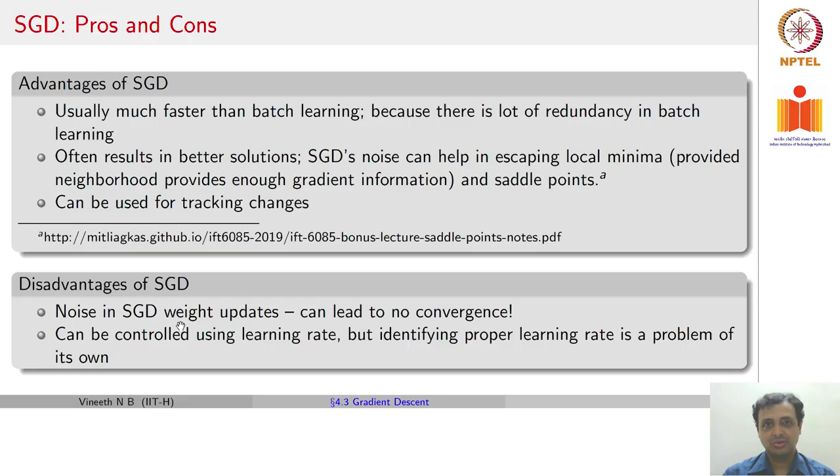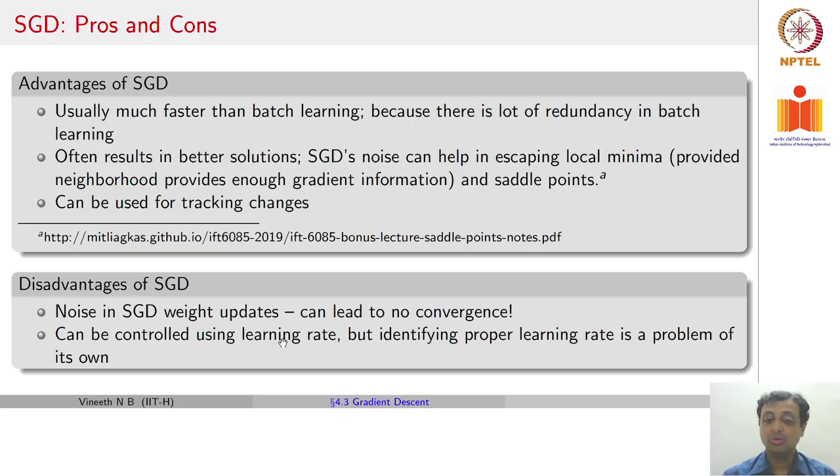So often today in practice, if in the first few iterations you find too much fluctuation in your error, people often simply change the initialization and try again. Which means noise in SGD weight updates can lead to no convergence, but the solution is fairly simple. If in the first few iterations things are not going well for you, just stop, go back and start at a different location and start all over again. It's a fairly simple solution.